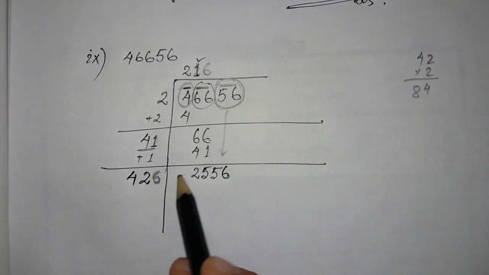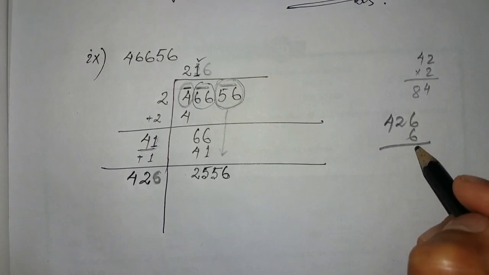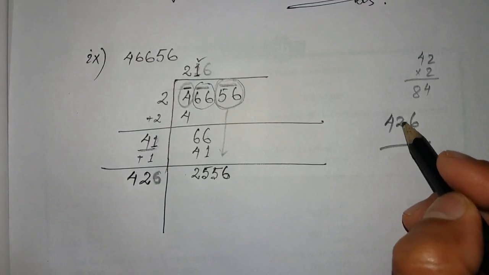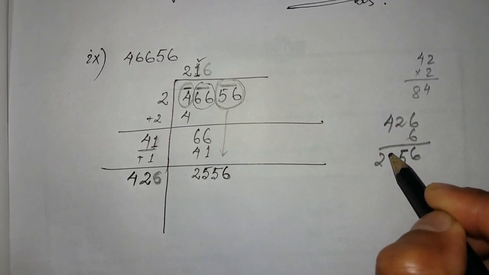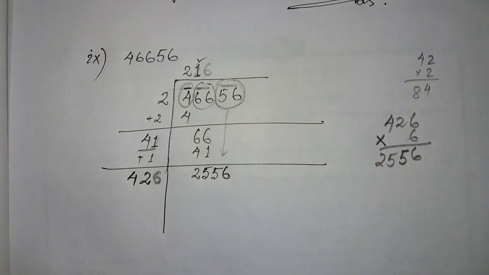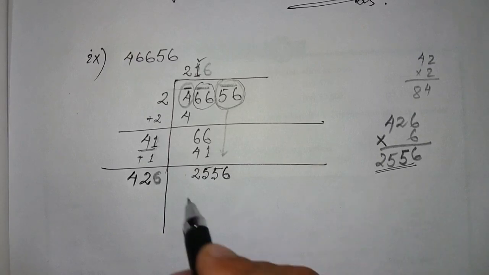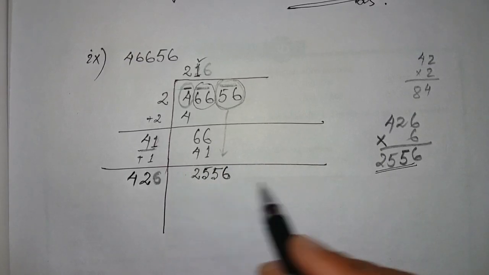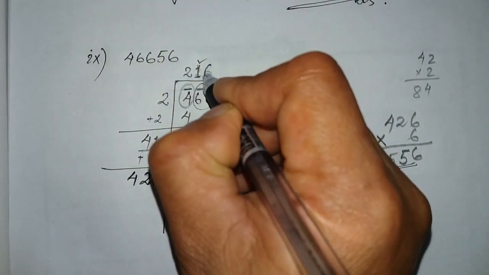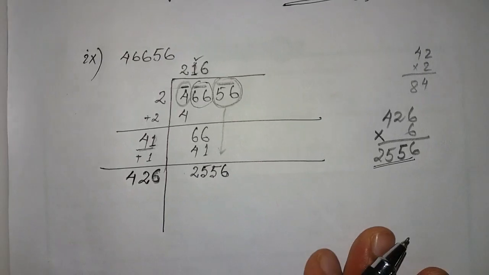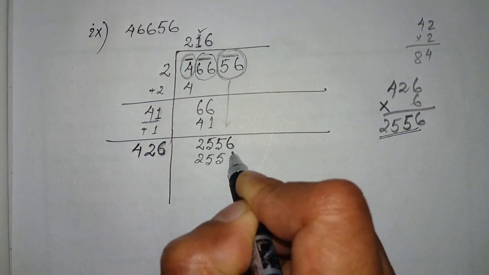So 426 into 6. 6 6s are 36, 3 in hand. 6 2s are 12, plus 3 is 15, 1 in hand. 6 4s are 24, 25. So 426 into 6, we're getting 2556, the exact same number. So our right number is 6 here. So 426 into 6 is 2556.